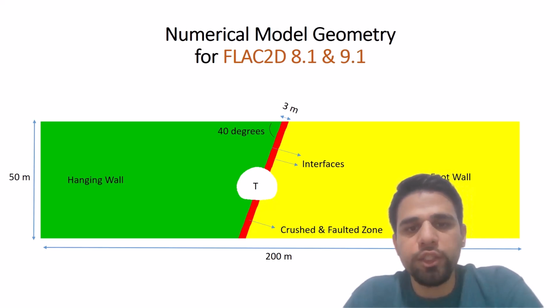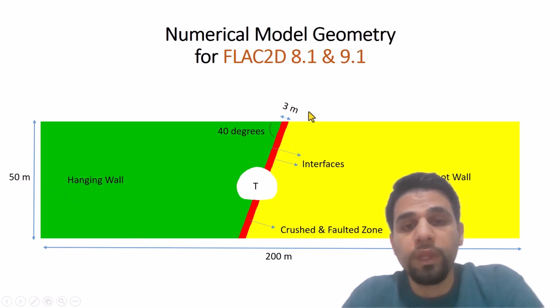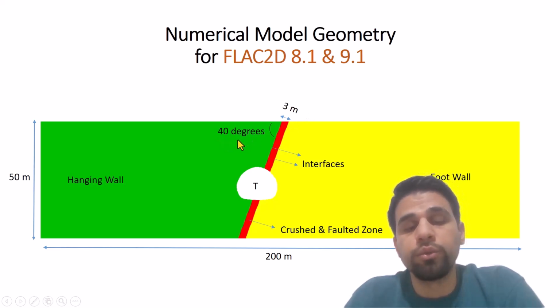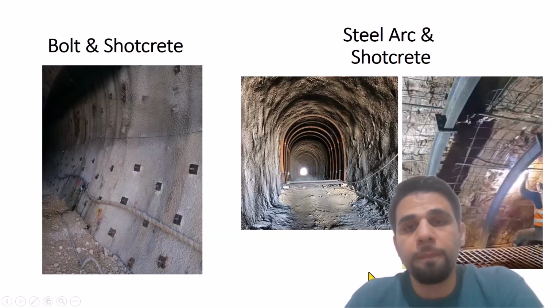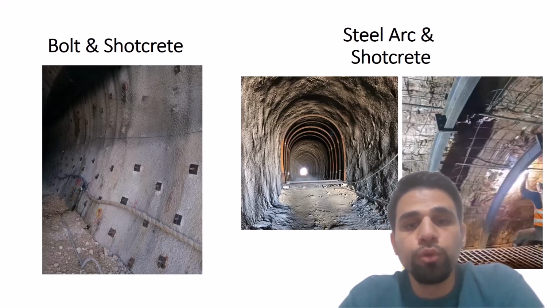Here you can see the geometry of the numerical model: hanging wall, footwall, interfaces between hanging wall and footwall, crush and faulted zone, length of model, height of model, thickness of faulted zone, and degree of faulted zone to the ground surface.